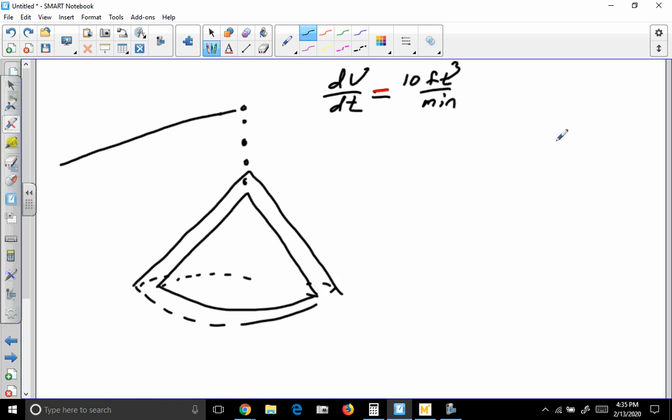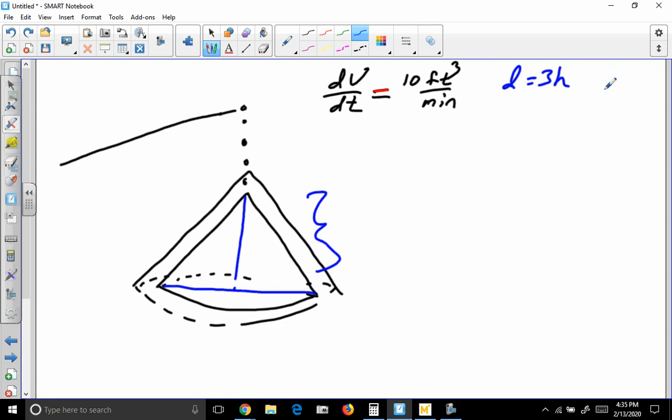It says the diameter of the base of the cone, so the distance all the way across the base of the cone, is approximately 3 times the altitude. The altitude is how tall the cone is, so we could call that the height.